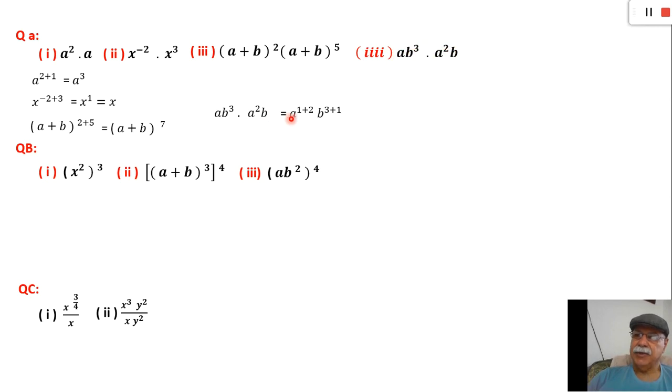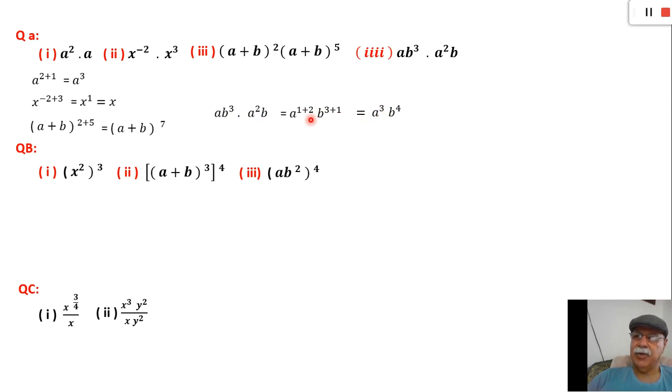You see, 1 plus 2 is 3, plus 1, because this one is a power 1 and 2 here, b is 3 here, plus 1 is here. That's why it becomes total a power 3 and b power 4, like this.